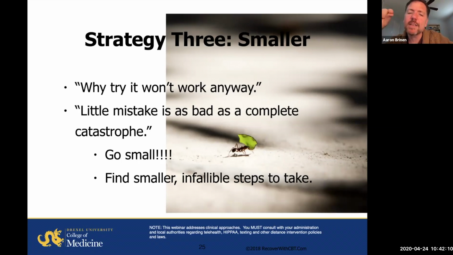And so what I might do is just break it down into really, really, really small steps. That's what I mean when I say going small. So if I'm thinking about it, the first thing I might do is something really simple, as small as can be. Maybe I'll go on Apple Maps and look at where it is.